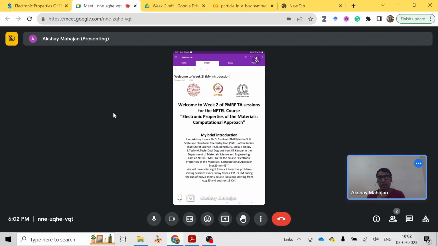And then after solving those problems, we will look into the infinite square well problem for a symmetric potential, where instead of having our infinite square well from 0 to a, we have it from minus a by 2 to a by 2. So it's a symmetric potential. We will also look into a Python script similar to what we have done for the general infinite square well from 0 to a, but there will be some changes.